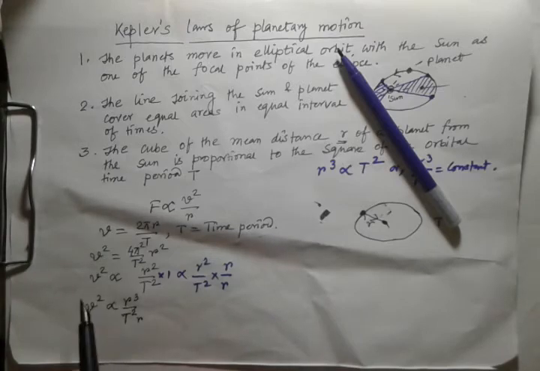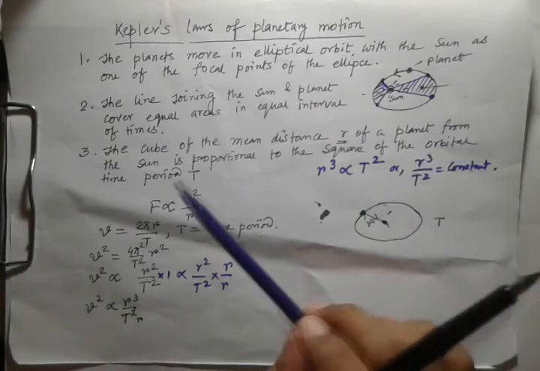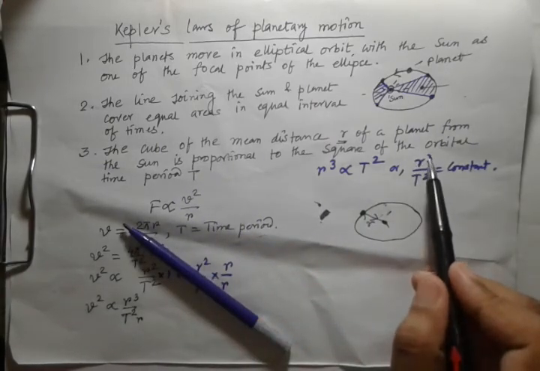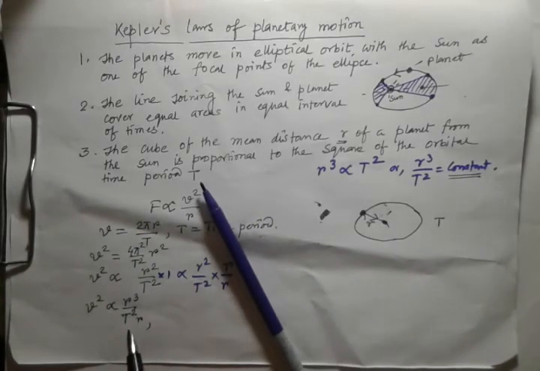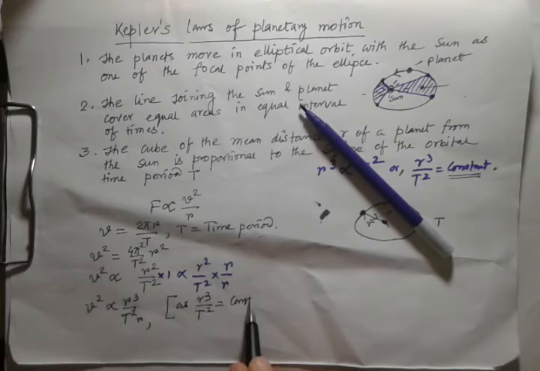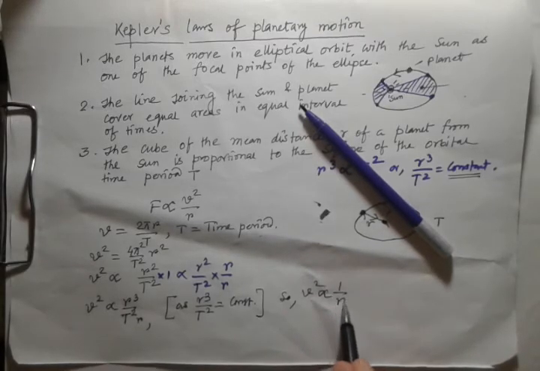Now, from Kepler's law of planetary motion, we already know that r cube by t square is equal to a constant. So v square is directly proportional to 1 by r.